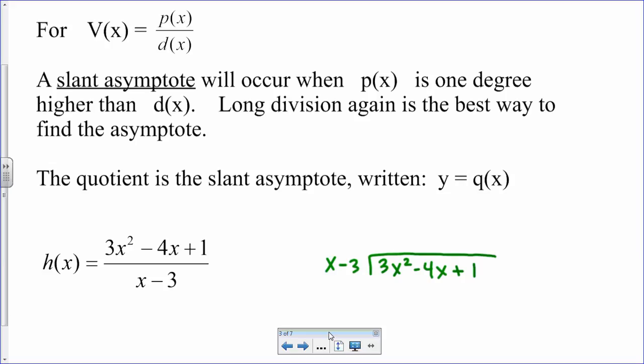So what do I multiply x by to get 3x squared? 3x, and then remember you're going to distribute, so that's 3x squared minus 9x.